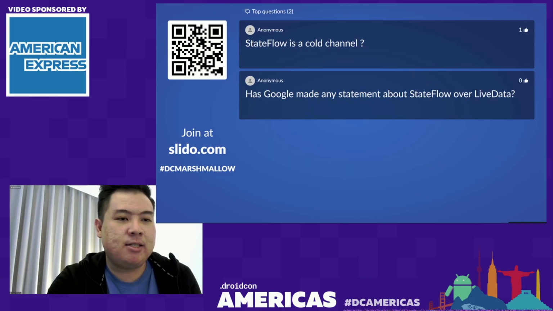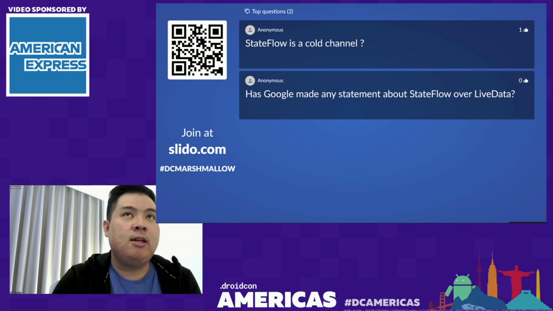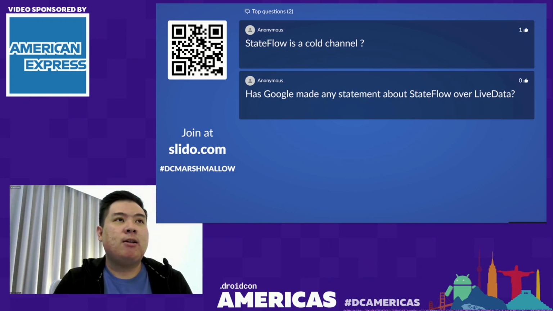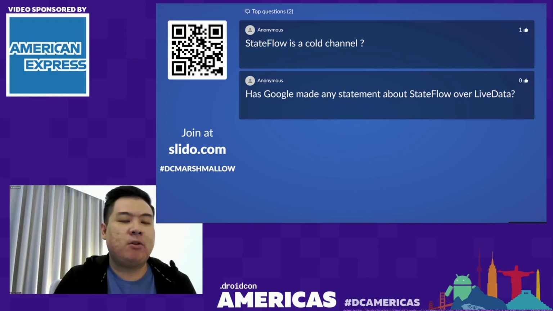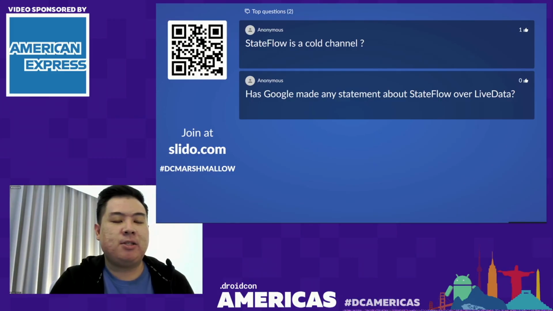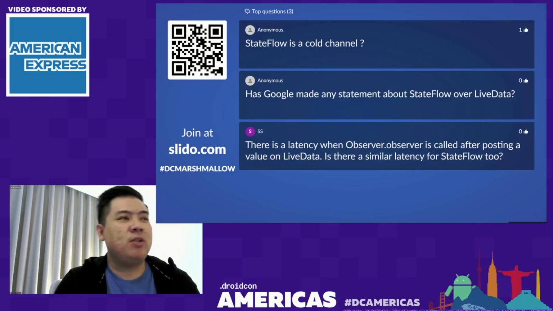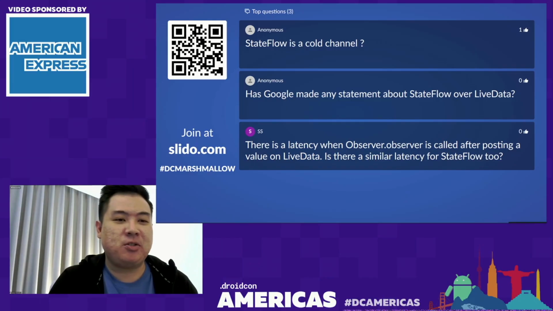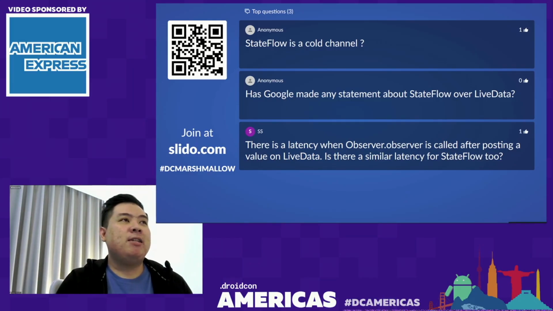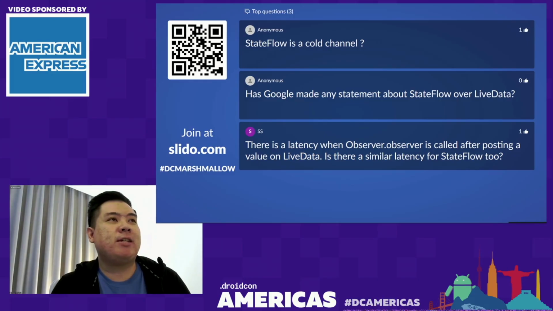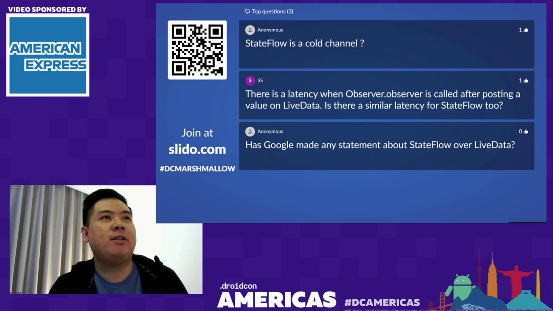And the next: StateFlow is a cold channel. Actually, StateFlow is not a cold channel; it's a hot channel. But actually, it's not a channel, it's a flow. There have been several changes to the definition of StateFlow these days.